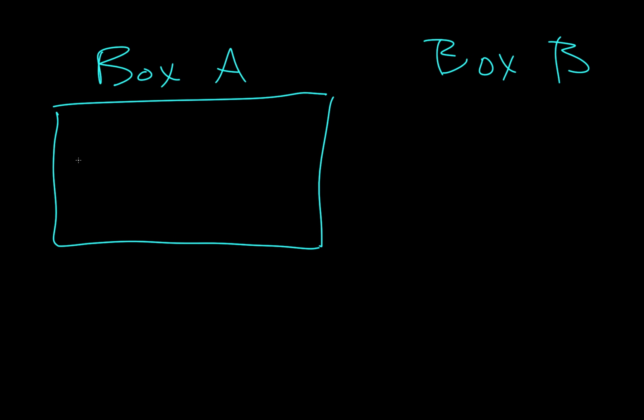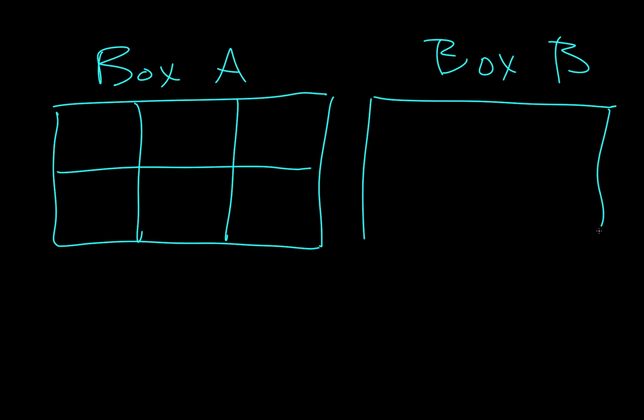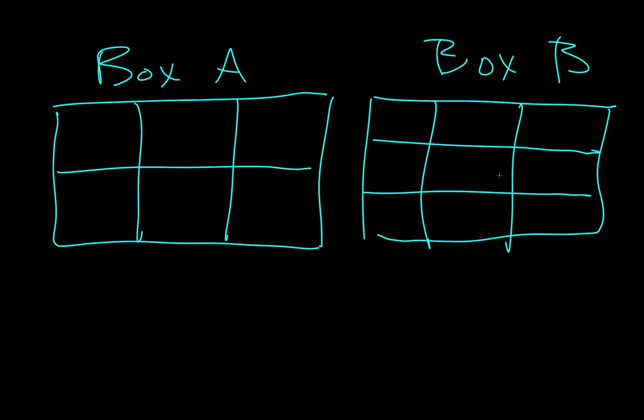Let's call them box A and box B. Box A contains 2 plants with purple flowers and 4 plants with white flowers.